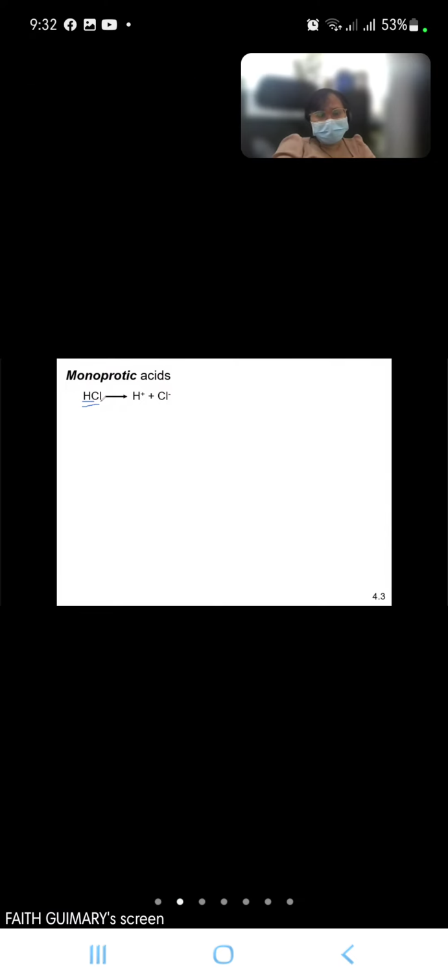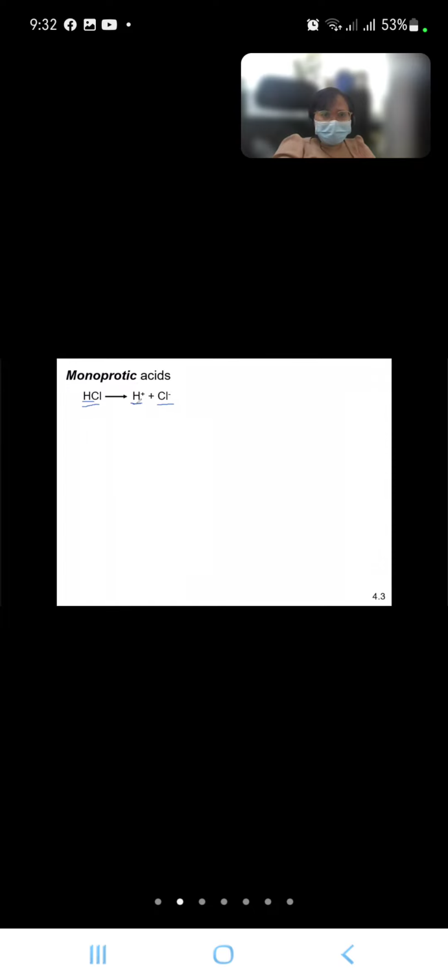Okay, for example, in this compound HCl, there is only one hydrogen that is to be ionized. So when hydrogen chloride is dissolved in water, it becomes an acid, forming hydrogen ion and chloride ion.